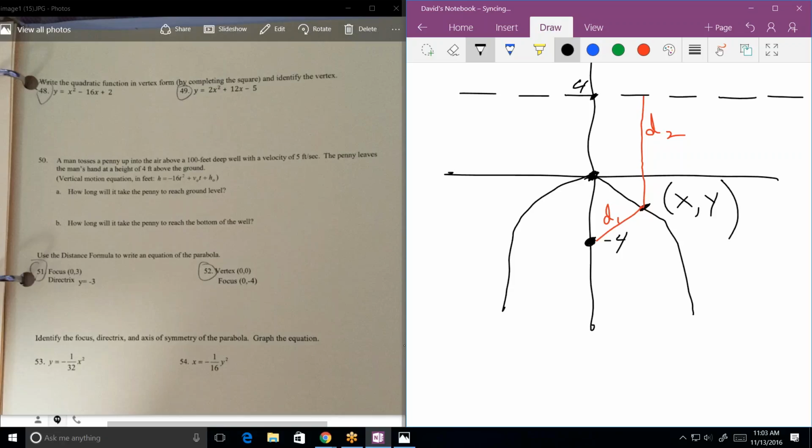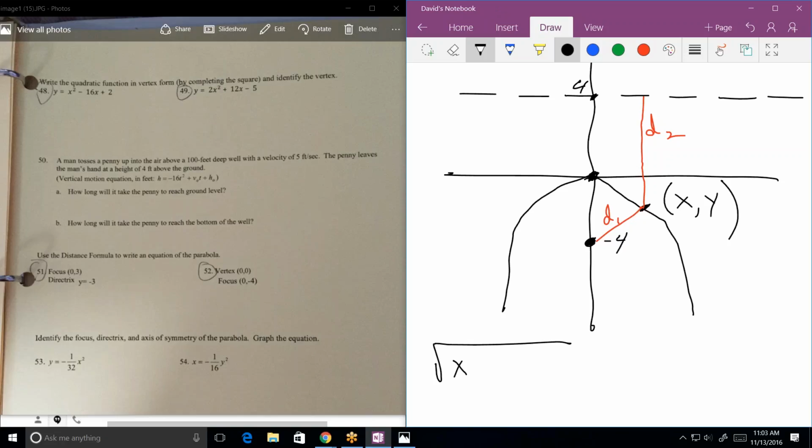You have to plug those into the distance formula. What's the distance formula? D equals the square root of x2 minus x1 squared plus y2 minus y1 squared. Use it in this context. In other words, we have an x, and we know the x coordinate of that point. We have a y, and we know the y coordinate of that point. So what is the distance between that point x comma y and the focus? x plus 4, x minus 4. Hold on.